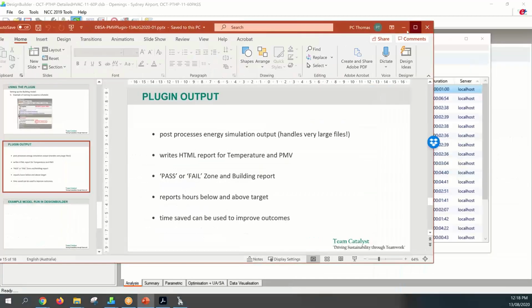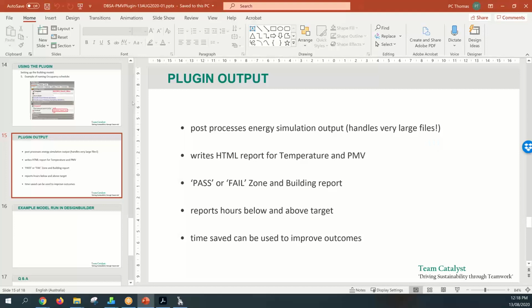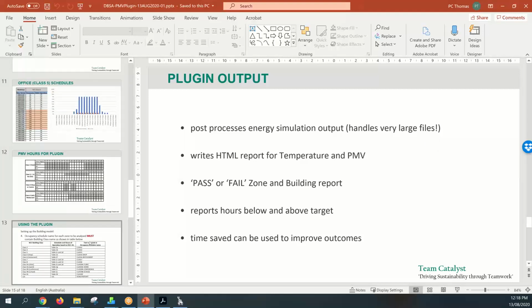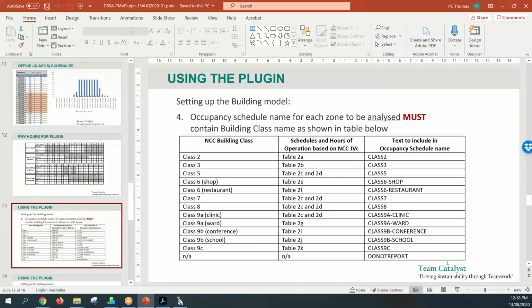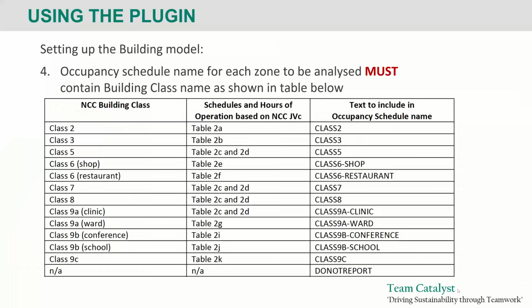So if you remember, I showed you this slide, which was basically saying that if you didn't want to report a particular zone, which is unconditioned, you can just write the words do not report, and it won't include that in the calculations. Okay.